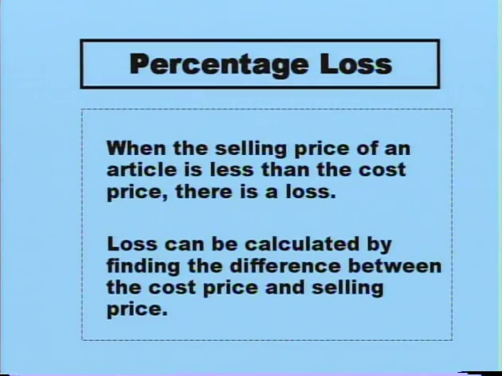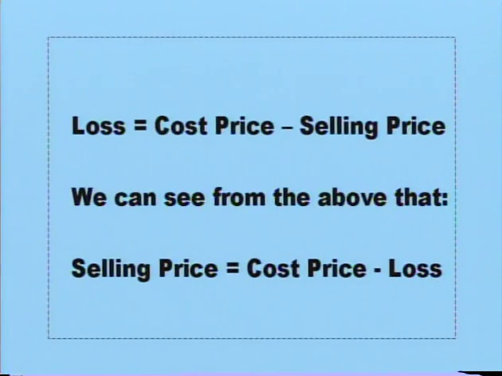Percentage loss. When the selling price of an article is less than the cost price, there is a loss. Loss can be calculated by finding the difference between the cost price and the selling price. Loss is equal to cost price minus selling price.